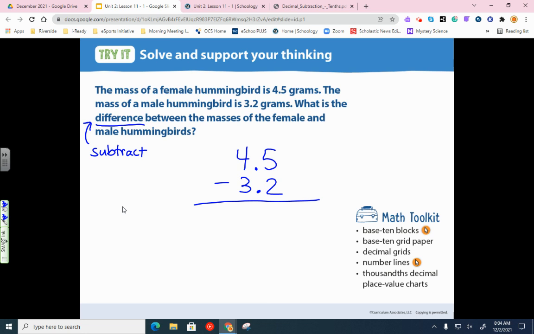Let's subtract our tenths. That gives us 3. I brought down my decimal point. Most of you have been doing great with that, so I'll just remember to keep doing that even with subtraction. 4 minus 3 is 1. And that gives us a final answer of 1.3 grams. That's the difference between them. So far, so good.